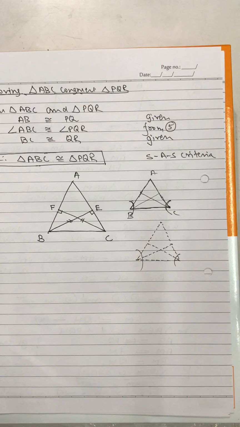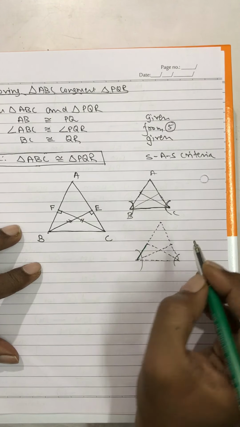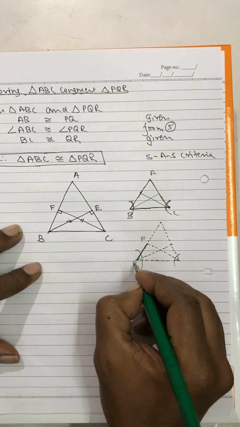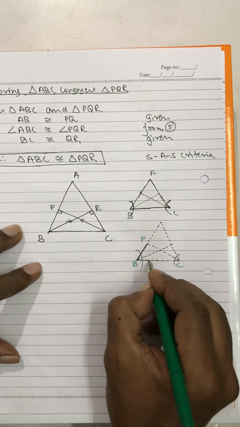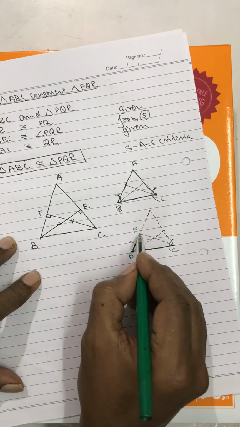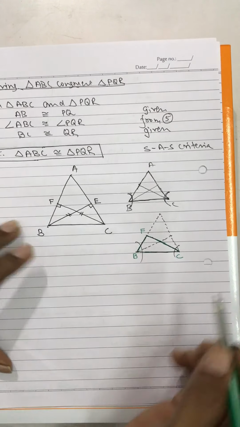See, this triangle, what is that? FBC. Green triangle will be having angle FBC. Fine.